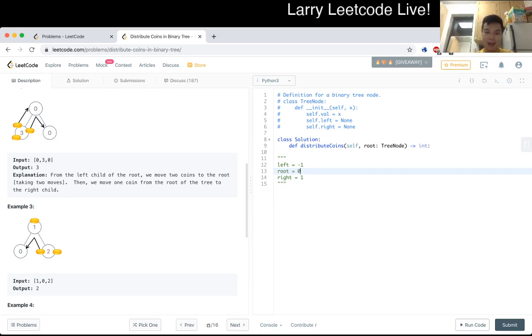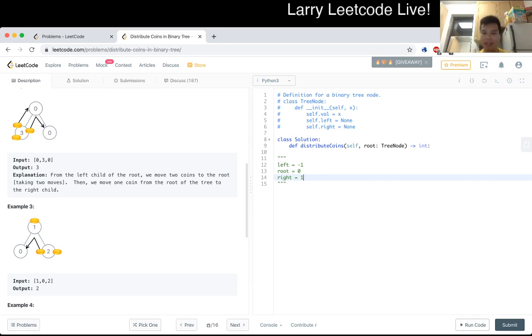But that means that you could do the math, which means that there will always be at least one coin moving from the right to the left, right? And it takes one move passing through. So here you don't think about things in terms of each coin, because that's really hard to keep track of. But what I would think about is how many times any number of coins is passing through this current node, right?